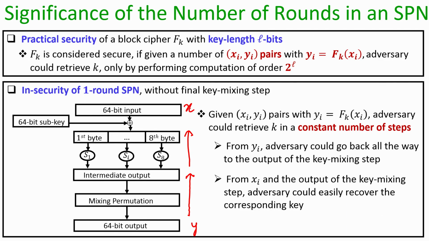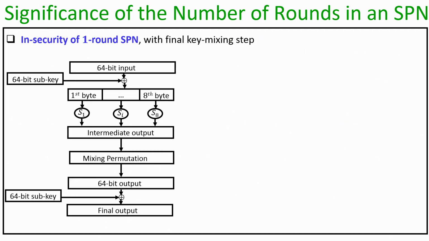Since it knows the x value and the output of the key mixing step, by XORing x with the output of the key mixing step, it is easy for the adversary to recover the sub key. So, the adversary just has to do a constant number of steps to recover the complete key, and hence the resultant keyed permutation is not at all secure. It is very trivial for the adversary to recover the key.